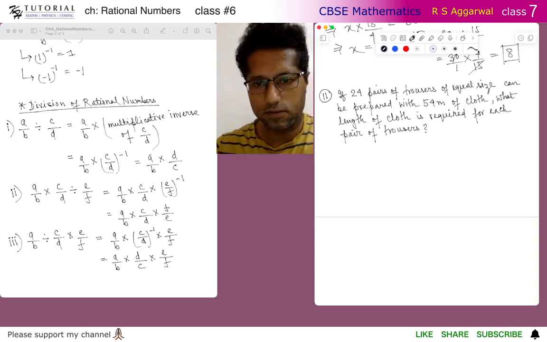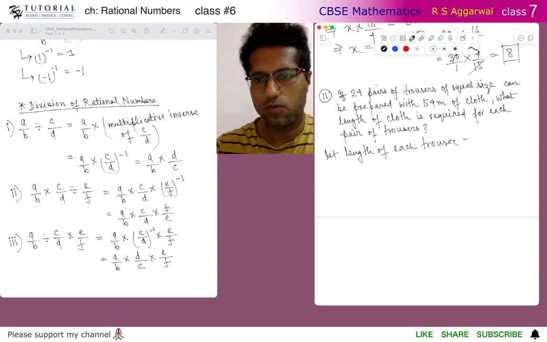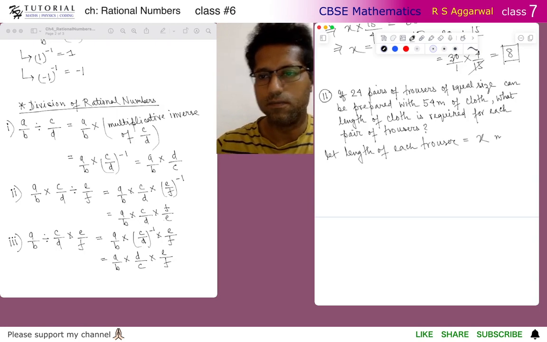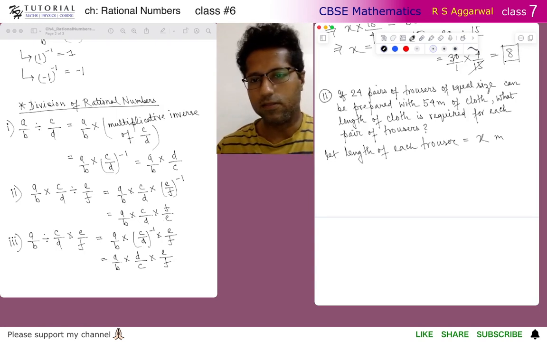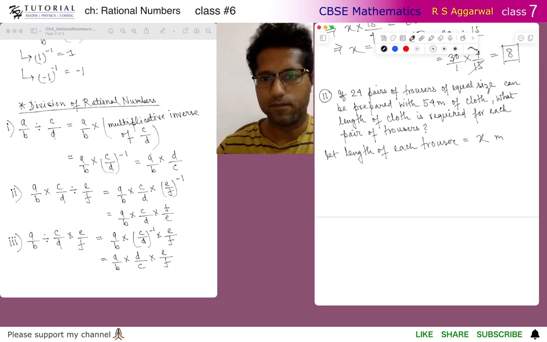So let's assume length of each trouser equals x meter. Let length of each trouser be x meter.